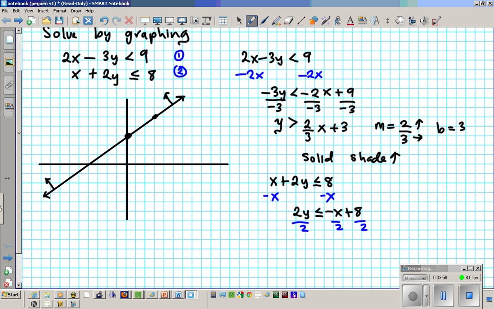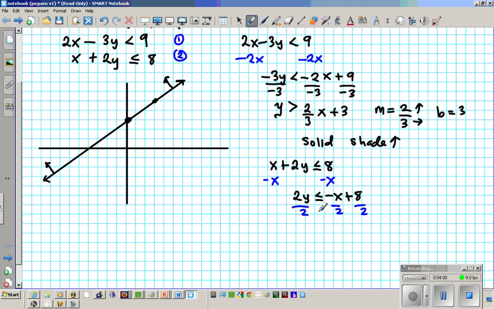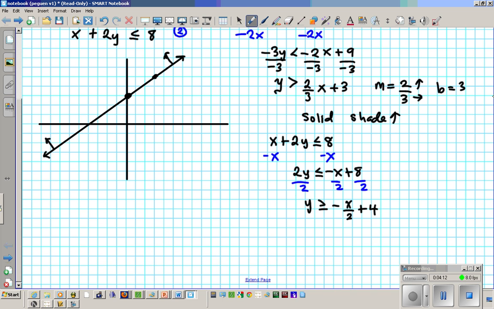Since I'm dividing, I'm going to have y, and then switch the inequality to greater than or equal to negative x over 2 plus 4. So what does that tell me? It tells me that the slope m equals negative 1 over 2, which means you go down 1 and over 2. The y-intercept is 4, which is where you start on the y-axis.